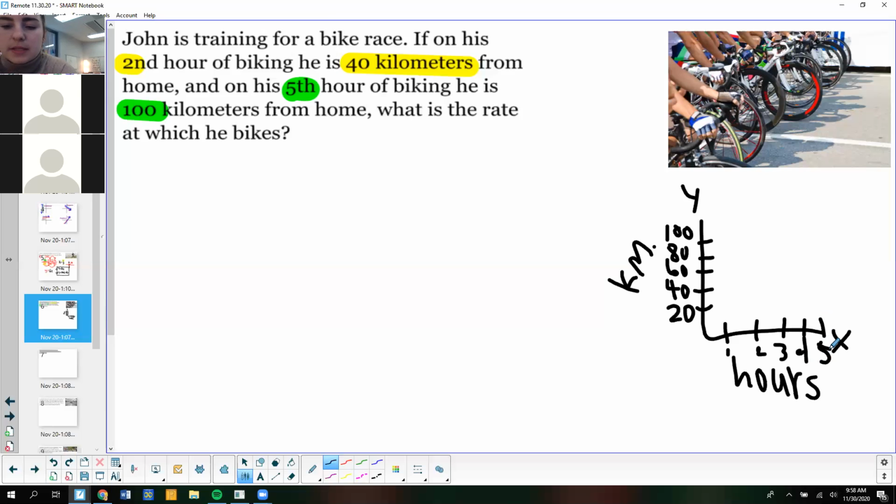I know it's messy. In his 2nd hour, he bikes 40 kilometers. So in 2 hours, 40 kilometers. In his 5th hour of biking, he does 100 kilometers. So this is essentially the rate at which he bikes.